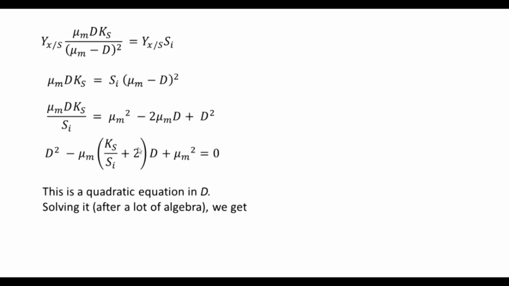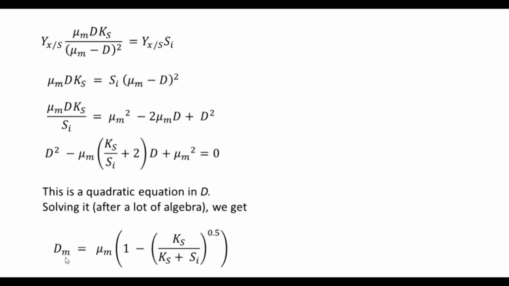If you recall, a is 1 here, the coefficient of D squared, the coefficient of D, which is b, is mu m into Ks by Si plus 1 times 2, and c happens to be mu m squared. Therefore, the solution is minus b plus or minus the square root of b squared minus 4ac, divided by 2a. If you do that, you will get this.